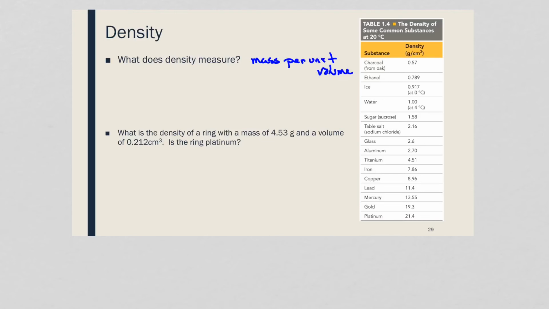So the way we typically express that is we would say the density is equal to the mass of an object divided by the volume that it occupies.